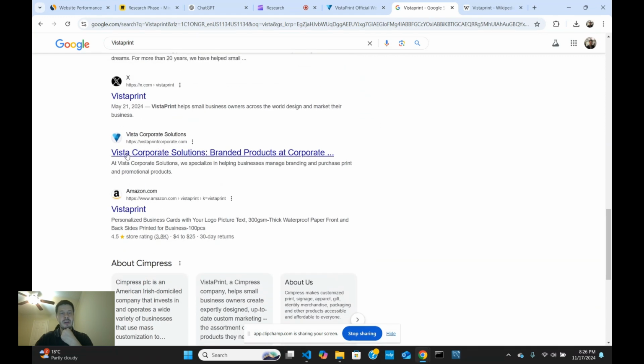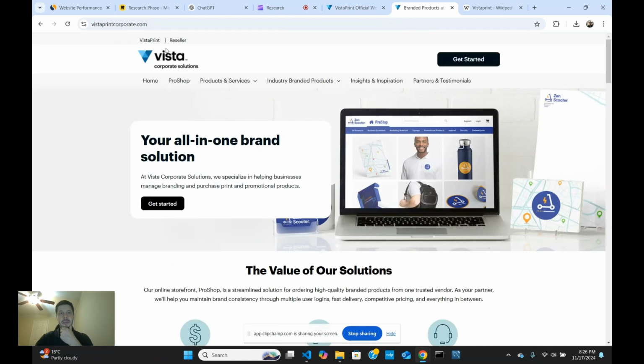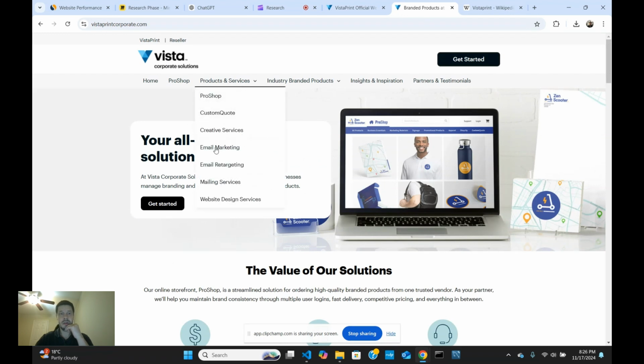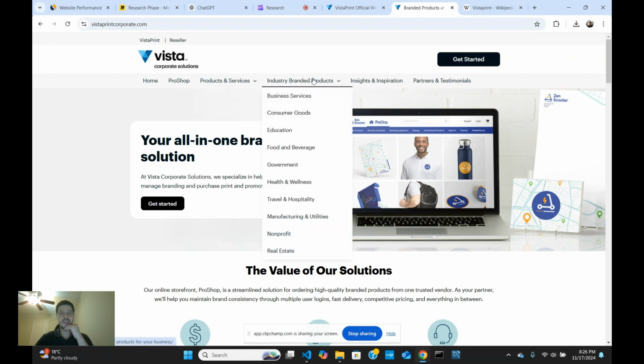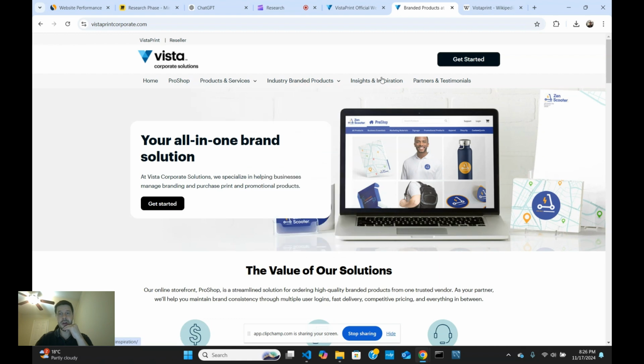And what do they say here about corporate solutions? You see that it's the same icon here, right? So that means that they have this other type of, let's say, business model focusing mainly on companies, right? Mailing services, website design services. So you see that there's more that it can offer.